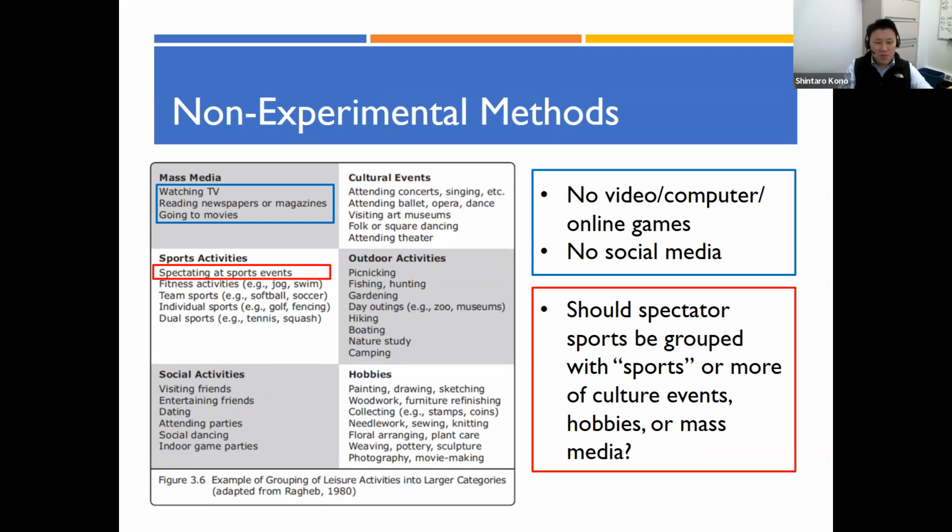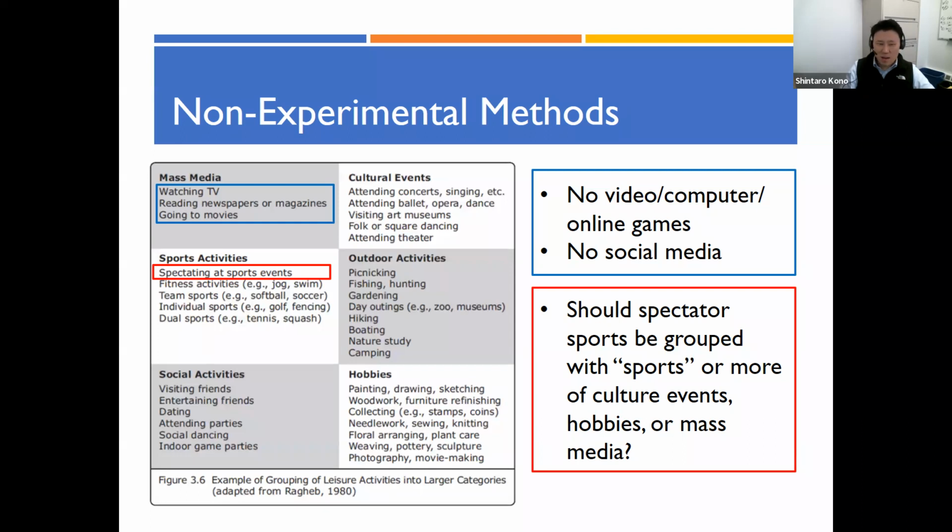So using this scale, this list may give you an incomplete idea of people's leisure recreation behavior. Look at this second category, sports activities. There's a bunch of activities, physical exercises like fitness, team sports, individual sports, dual sports, whatnot. And there's this spectating at sports events, like watching sports events.